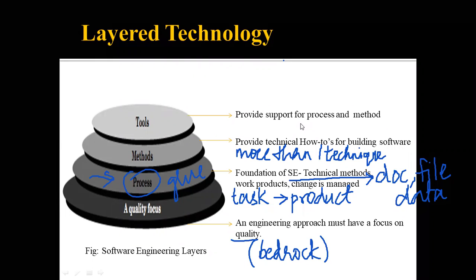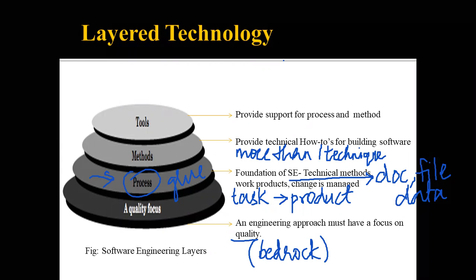Then the last layer is the tools. Tools are going to provide support for the process and method. If you want to write a C program, you might require Turbo C++ or DFC. That is the software, the tool that you're going to use.